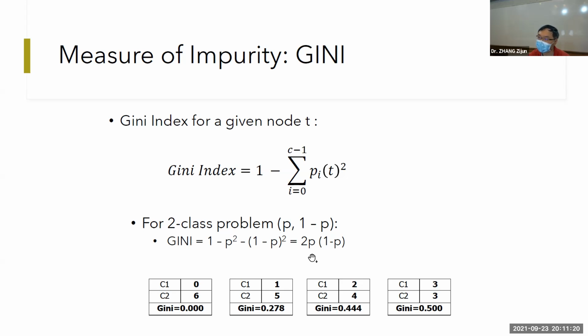Okay. It's 5 over 18. So if we look at this example, 2 multiplied by 1 over 6 multiplied by 5 over 6.